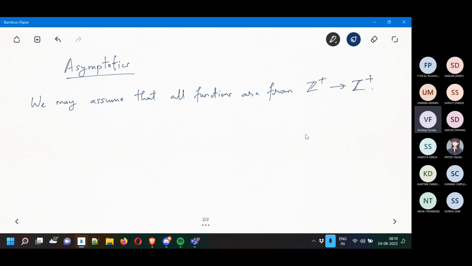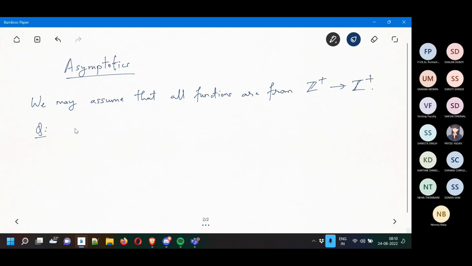So what do we do here with asymptotics? In asymptotics, we want to compare how two functions grow as n tends to infinity. Okay. So the question here is, how do two functions, I'll denote it as f of n and g of n.